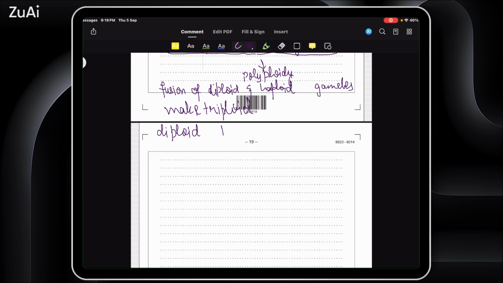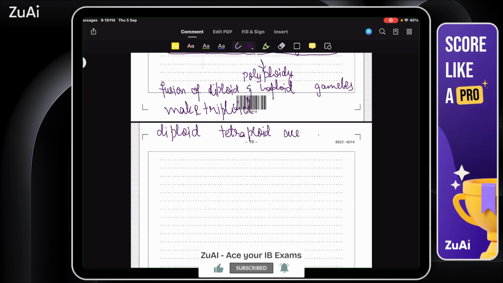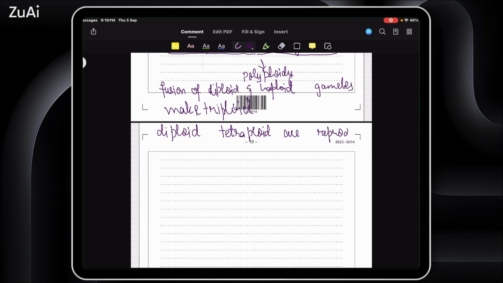Diploid and tetraploid are reproductively isolated, and the polyploids are therefore different. They are new species. The polyploids have different or new species.